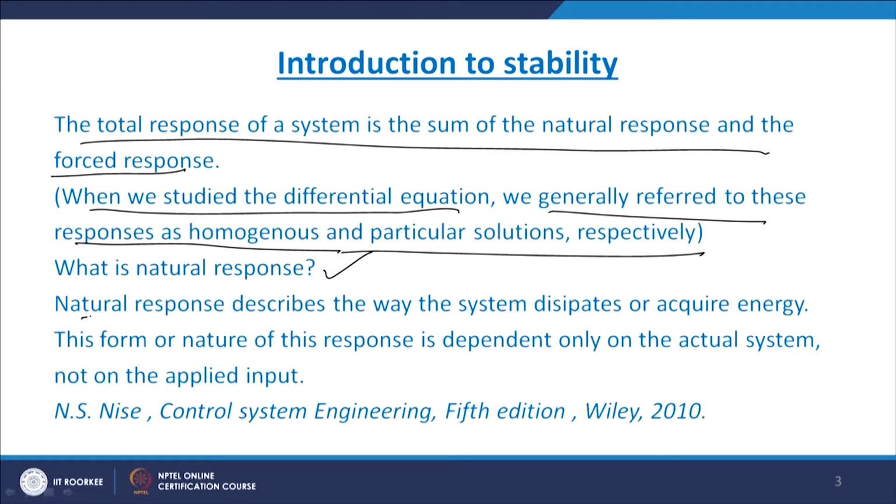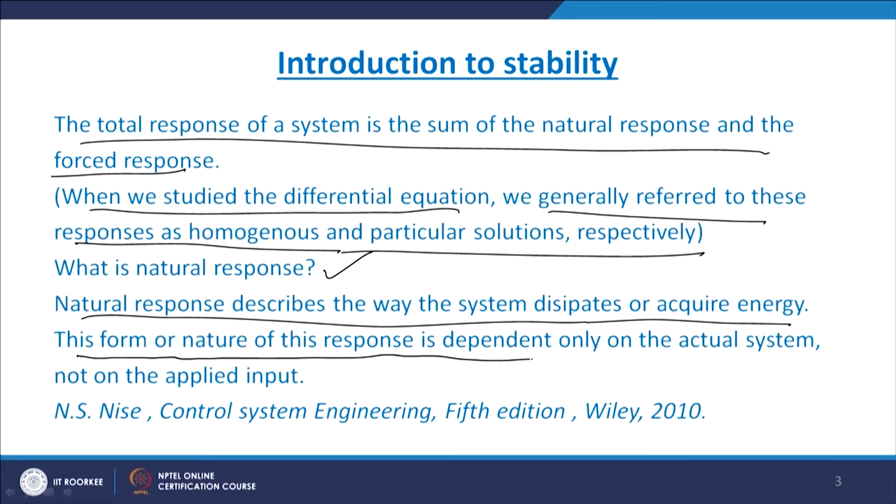What is the natural response? The natural response describes the way the system dissipates or acquires energy. The form or nature of this response is dependent only on the actual system, not on the applied input. That means the natural response depends upon the system itself; it does not depend upon the input.